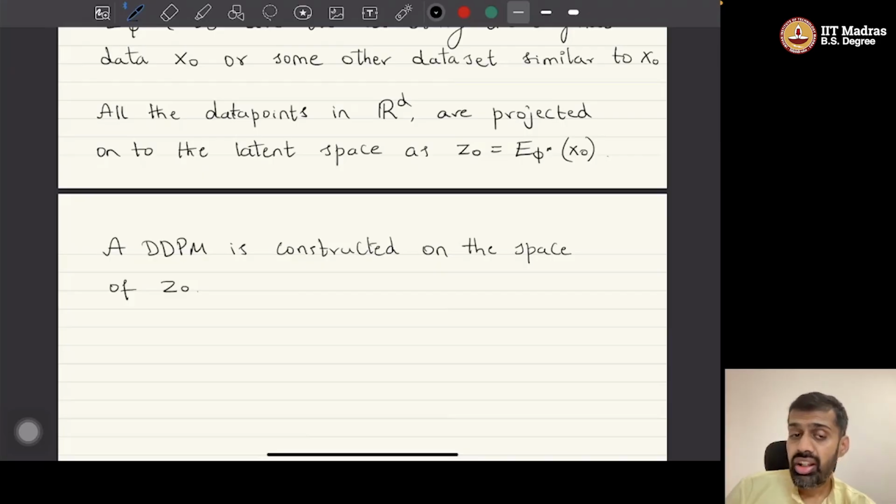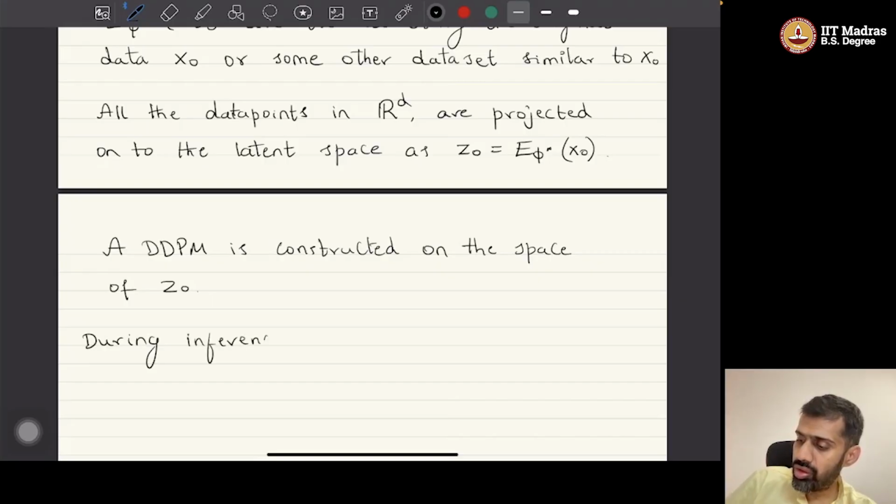Now, during inference, note that our final goal is to generate a novel point from the distribution corresponding to the real data, not from the latent space.